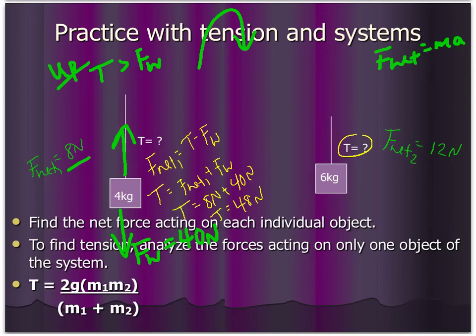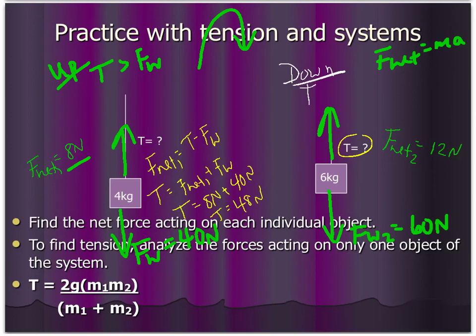So again, think about the forces that are acting on this particular block. We know we've got its FW, which is acting straight down, so 6 times 10, m times g, would give us an FW of 60 newtons, and again that tension is going to be acting upwards in that string. But now we know that this part of the system, that 6 kilograms, is moving downward.